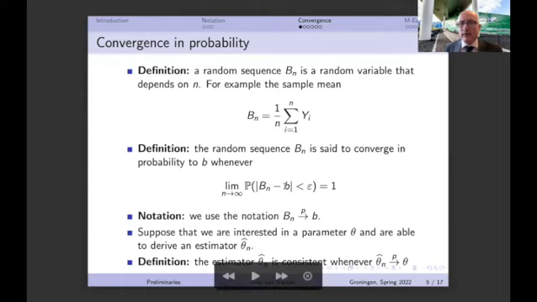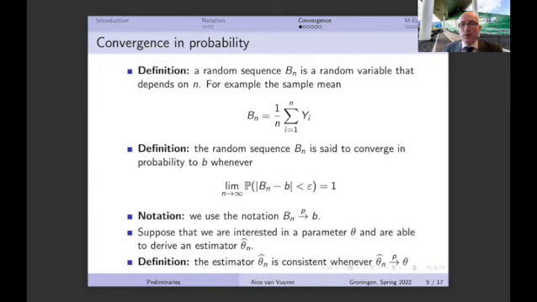But the best thing to do is to first ask yourself what it actually meant in first year calculus when we had a particular sequence, say little bn, that converges to b.